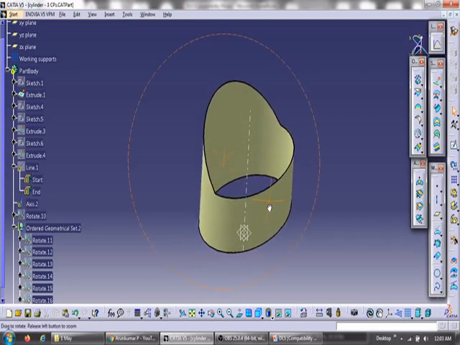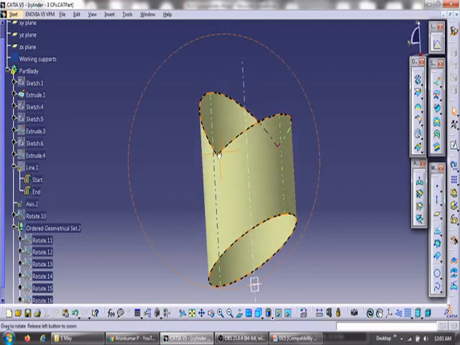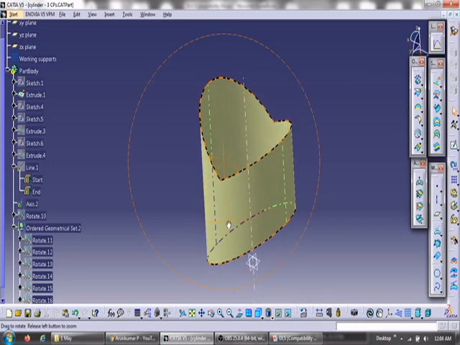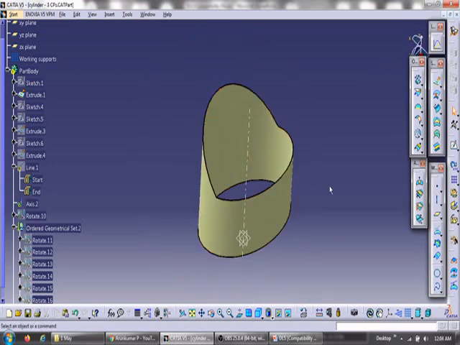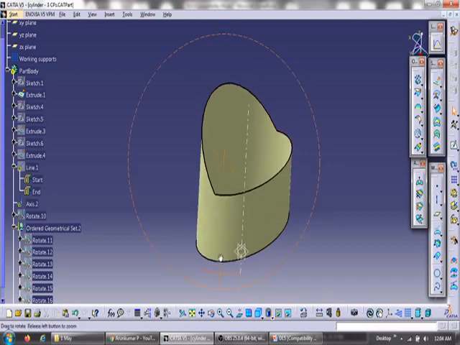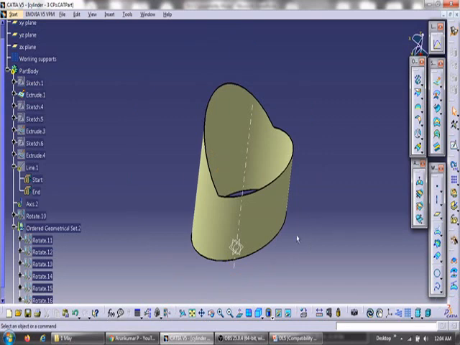So this is how the in between portion of the cylinder which you have to develop looks like when all the three cutting planes cut the cylinder. So I hope this is clear.